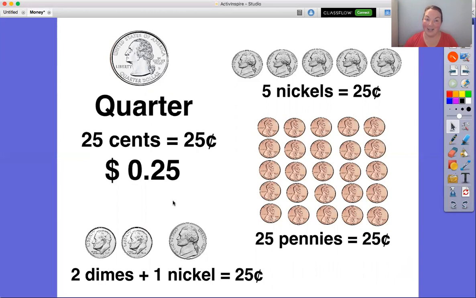Or, this is the tricky part about money, you can mix coins to make the amount that you want. So if I didn't have a quarter, I could use 2 dimes, 10, 20, plus 1 nickel, 5, and that would equal 25 cents, okay? So a quarter is worth 25 cents.